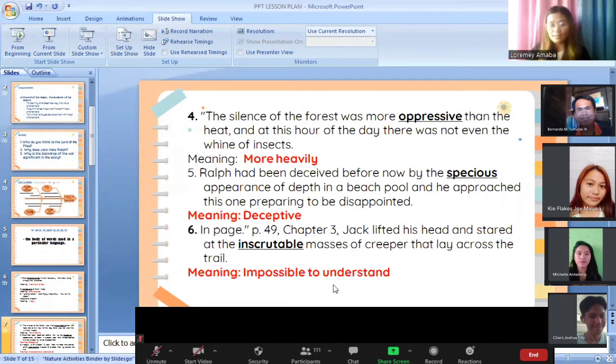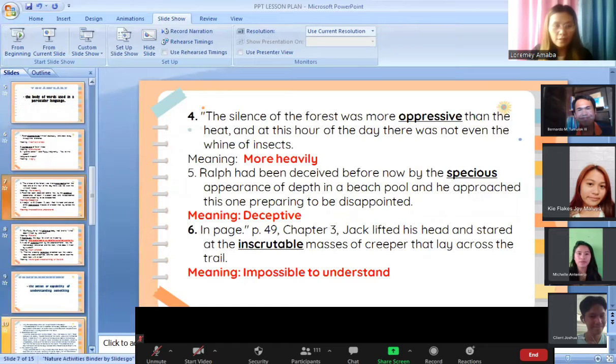Okay, number six. In page 49, chapter 3, Jack lifted his head and stared at the inscrutable masses of creeper that lay across the trail. What is the meaning of inscrutable, class? Impossible to understand. Very good.